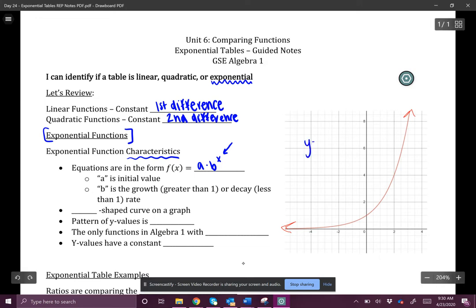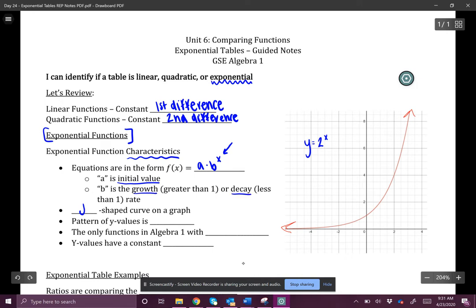Over here, I've actually graphed 2 to the x power for you to look at. It's got a nice J curve, all right? All exponential functions are J-shaped curves. And just to jump back to the equations, your A is your initial value, or what you start with, and B is either your growth or your decay rate.